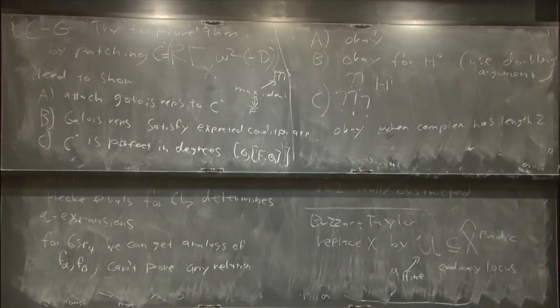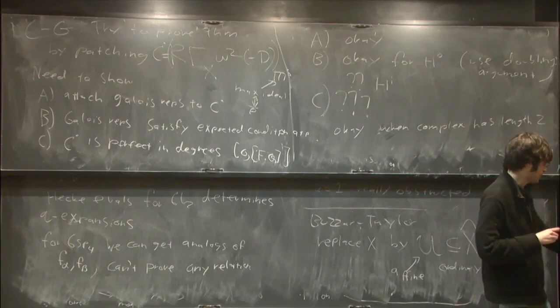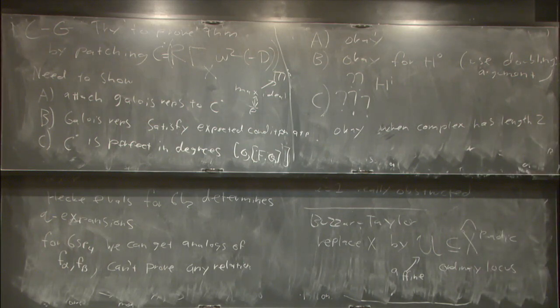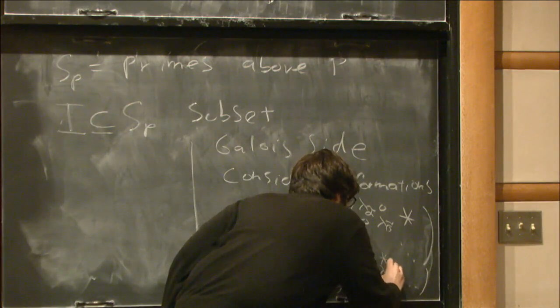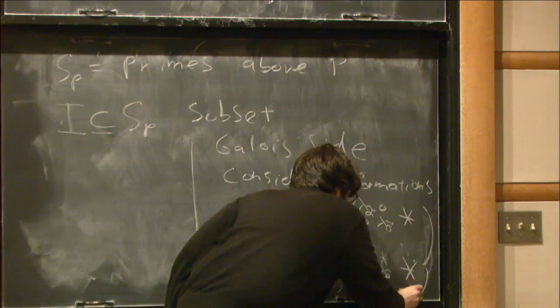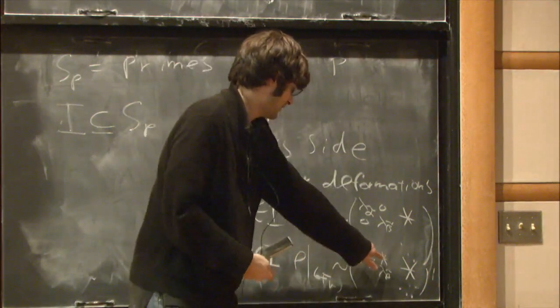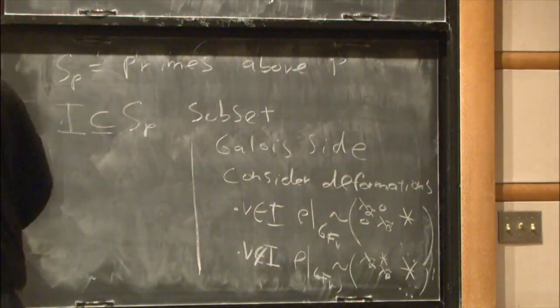And for v not in I, you put a weaker condition where you allow there to additionally be extensions between the 2 unramified characters. So we allow a ramified extension between the 2 characters.